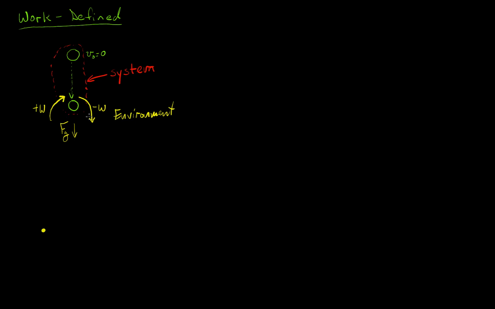So in general, the work done on an object or on a system is going to be the force times the displacement. It's actually dotted with the displacement. These are vectors, and so it's actually going to end up being the force parallel to the displacement. Let's do a simple example.